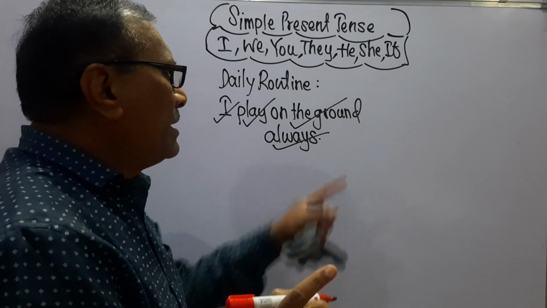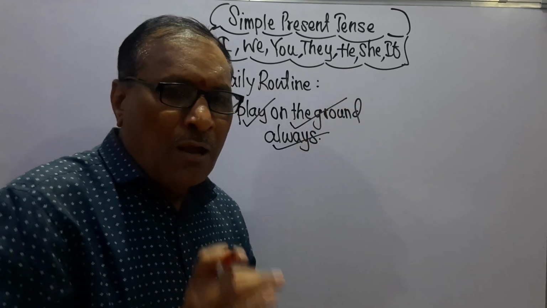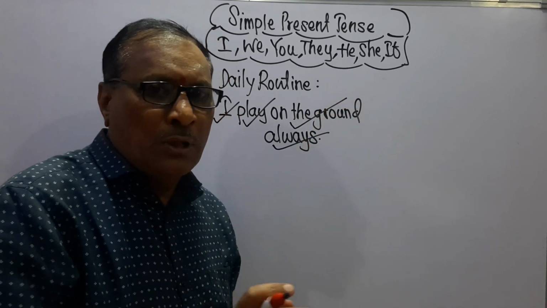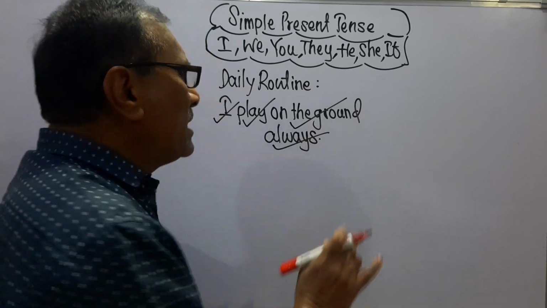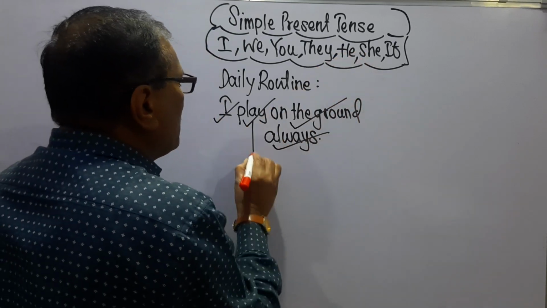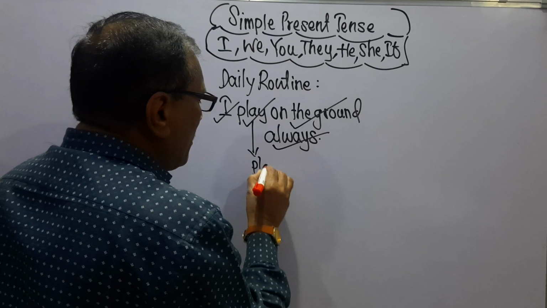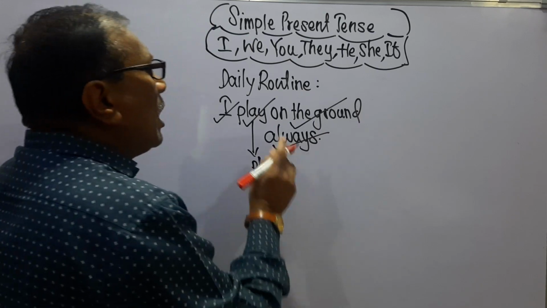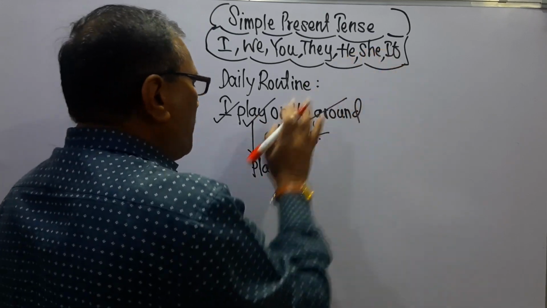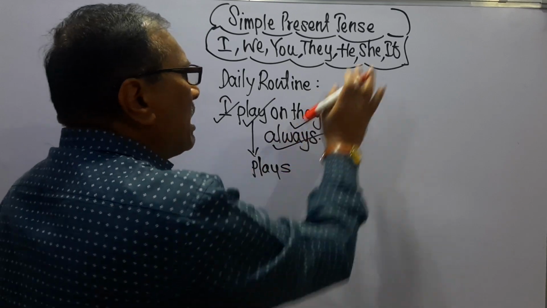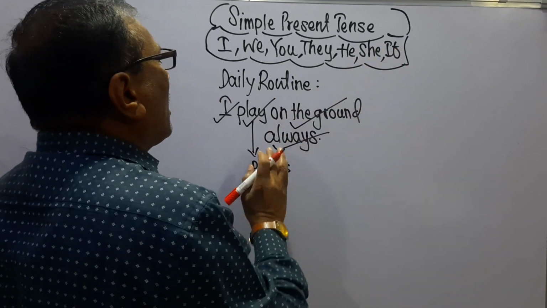Remember, when the subject is he, she, or it, we use the es or s suffix with the particular verb, and that's why he plays on the ground always, she plays on the ground always, and it plays on the ground always.